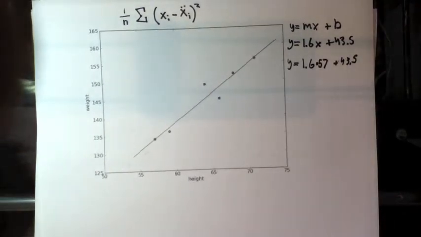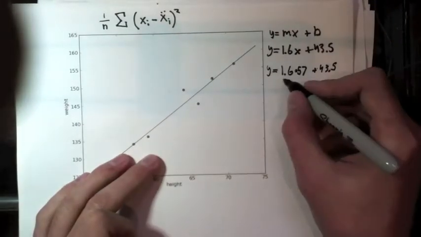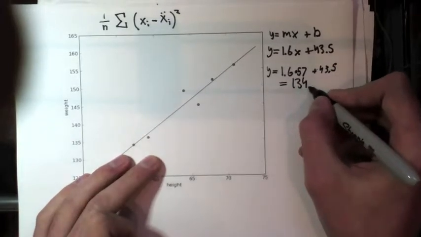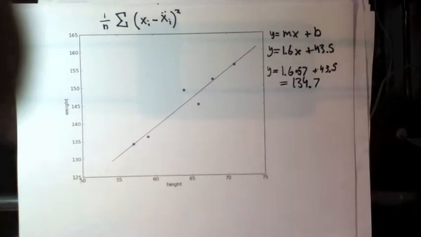I'm going to do it right now. 1.6 times 57 is equal to 91.2 plus 43.5. And that's 134.7, right?